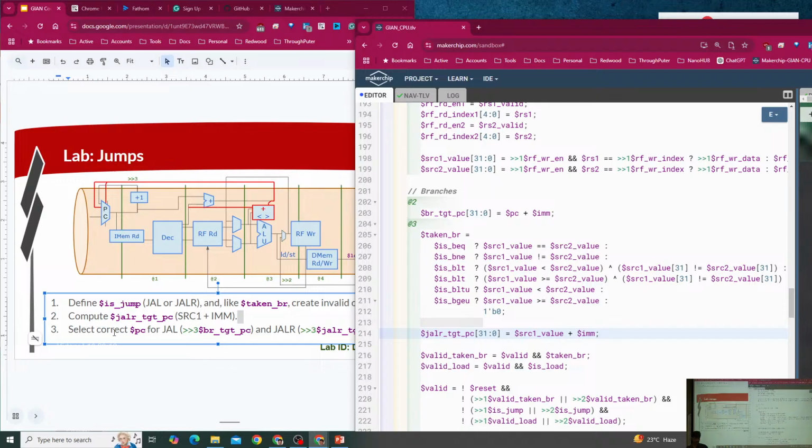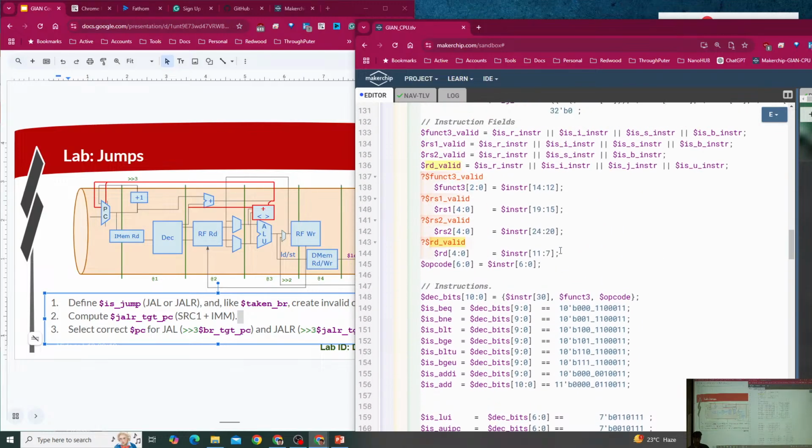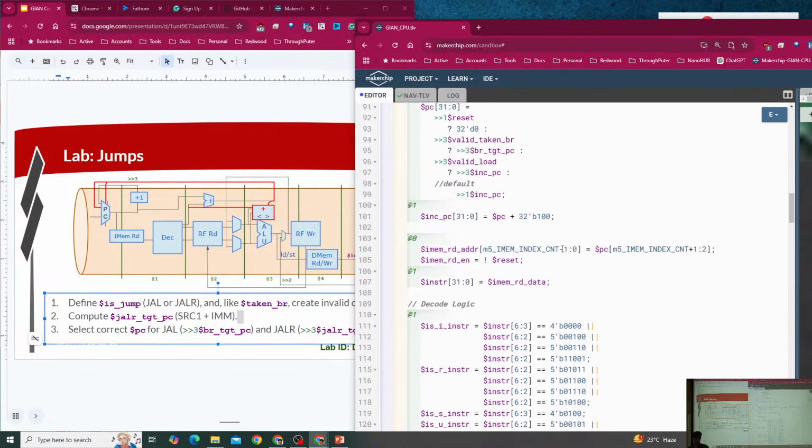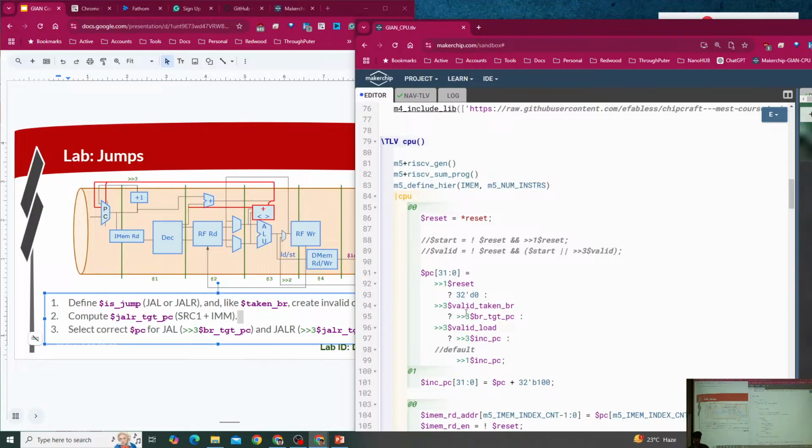And then step 3, we want to update the PC mux to properly use the jump target. So the branch target PC computation we're going to use for jump and link. So we'll select this case also for, why is that? Oh, that's my cursor.